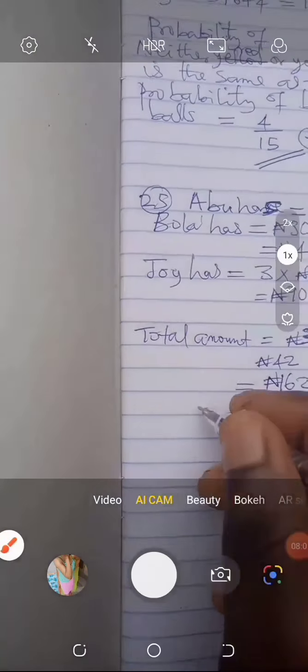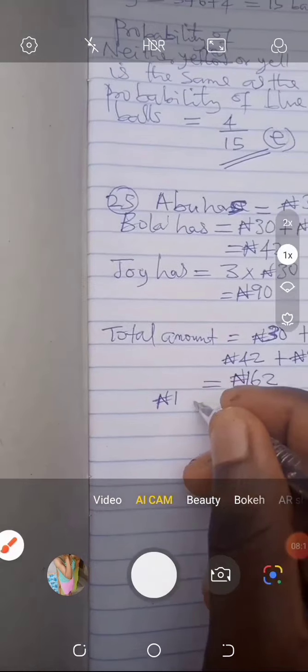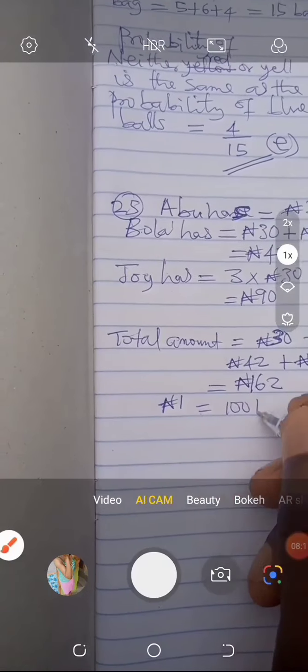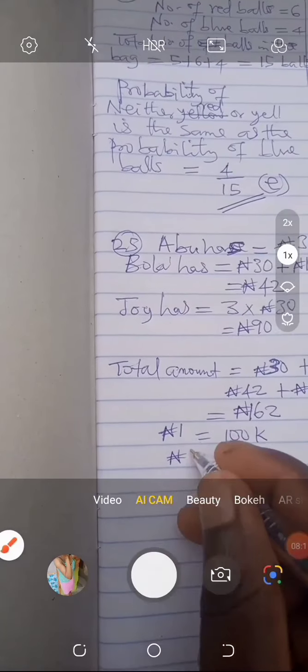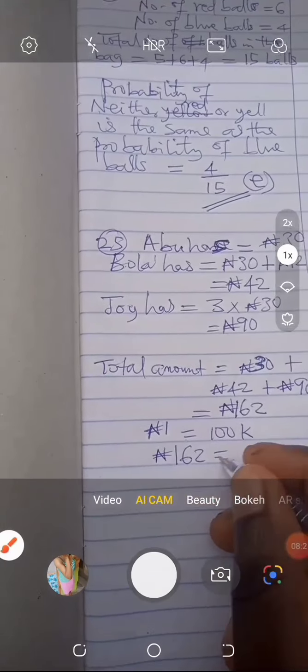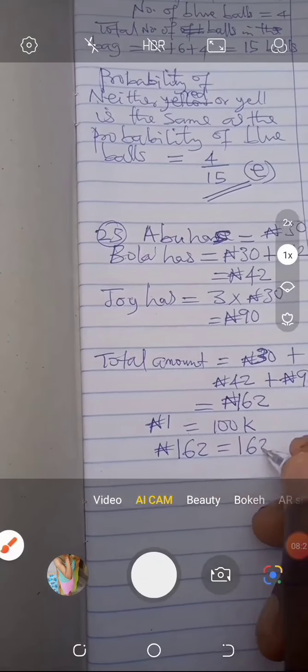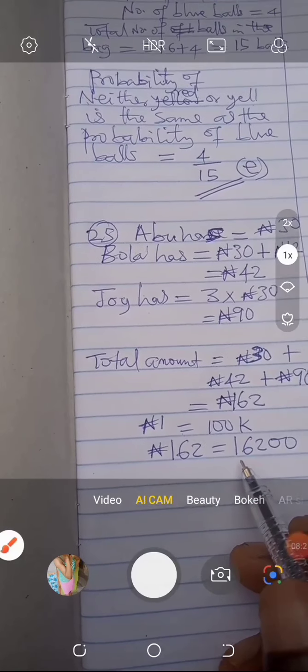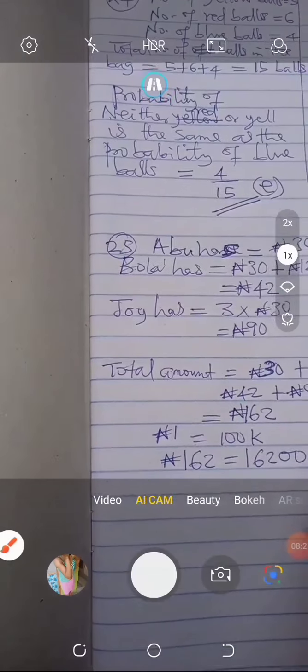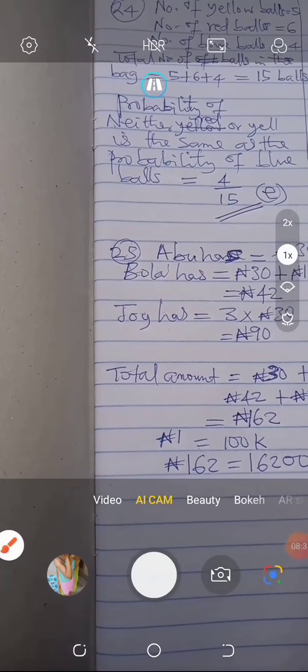So if you convert that to Kobo, remember that 1 naira is equal to 100 Kobo. So 162 naira is equal to 162.00, so we have 16,200 Kobo. So that is the answer in Kobo.